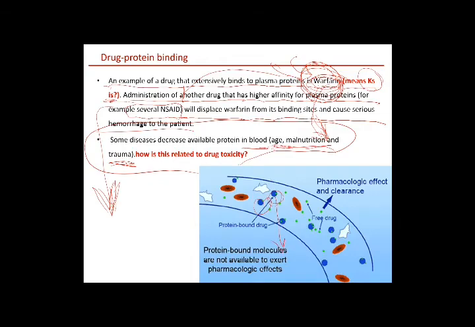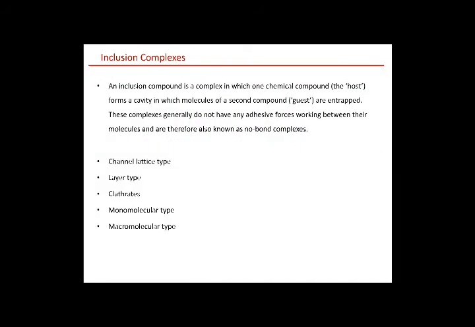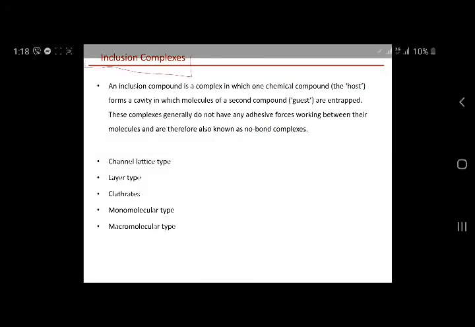So if you have a drug like warfarin, which is really sensitive by itself, and it's very highly protein bound, and you suddenly decrease the protein in blood, that will increase the warfarin which is free, okay? And again, it will increase the chance of toxicity and hemorrhage. So I hope you have understood this concept, and if you had any questions, you can ask.